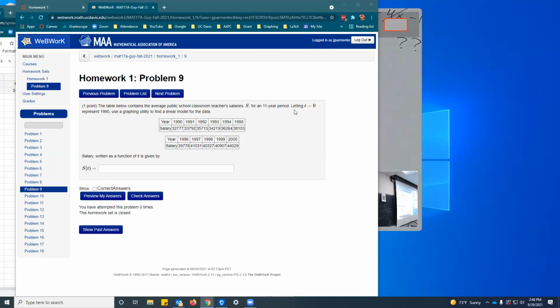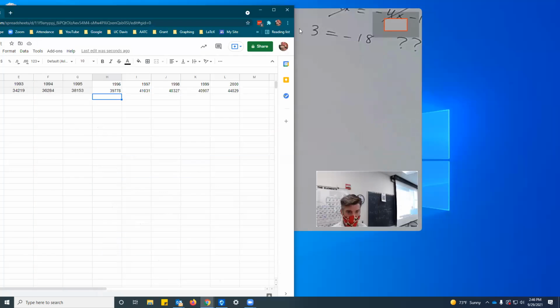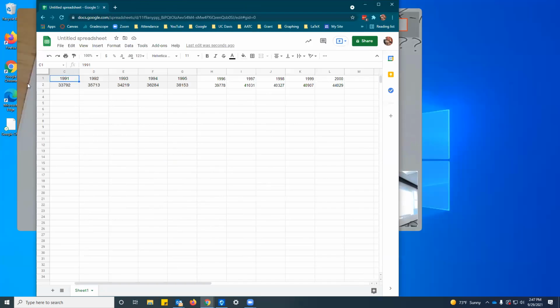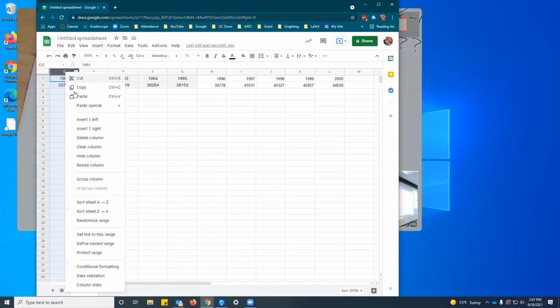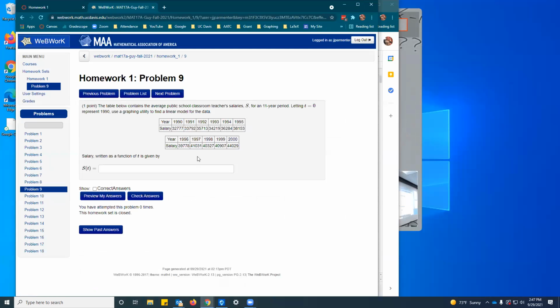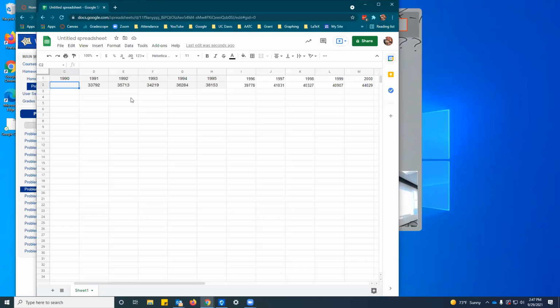First thing I want to point out is we want t equals 0 to be 1990. So really, those years are not excellent for me. Did I lose 91? Oh, great. No. I was going to say something that's not true. We don't have to delete it all, right? We need another column. So we right click, we can insert a column to the left. And we have 1990, 32777.